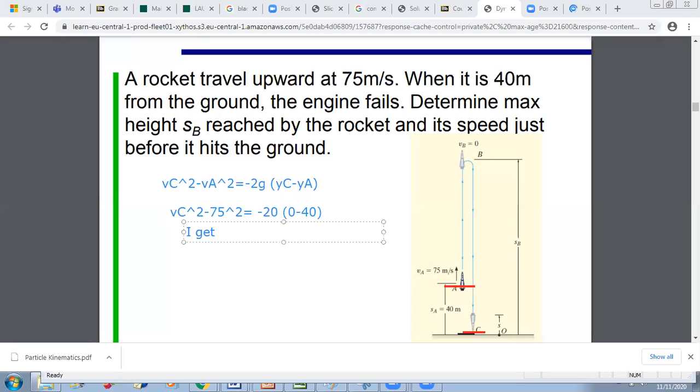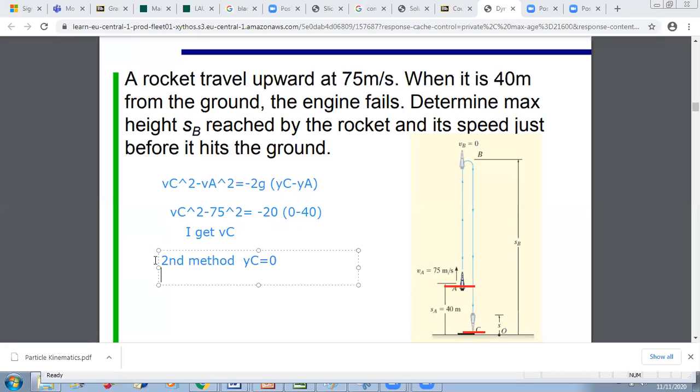VC. Now, if you didn't pay attention to use the relation that is independent of time, you can find the velocity at C in another way, but you need to do it in two steps. First, you say at C, what do we have? So second method, you say that at point C, Y of C is equal to 0, okay?